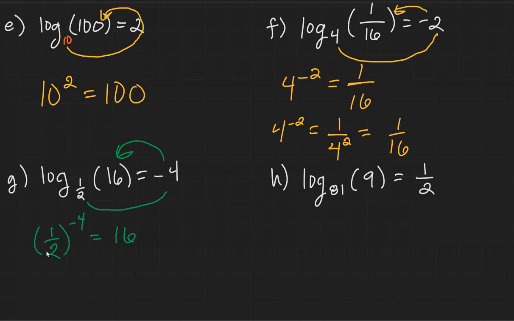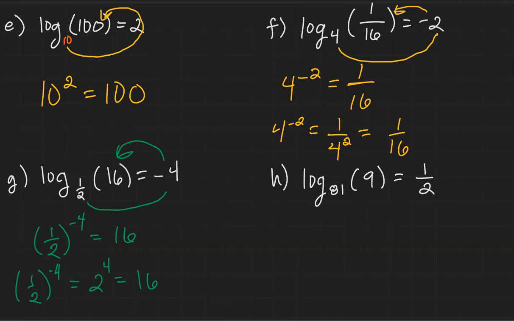I'm flipping whatever I see on the inside. So 1/2 to the negative 4 is equal to 2 to the positive 4, and that's equal to 16 for sure. So that's what our negative exponents do.